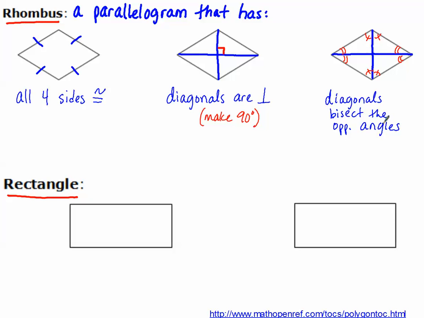Now we can go the other way. If we have a parallelogram that's more specifically a rectangle, it's because of the following. Now let's start by saying a rectangle is a parallelogram. So it contains all of the characteristics that we listed above, all of those 6 characteristics in the parallelogram section.